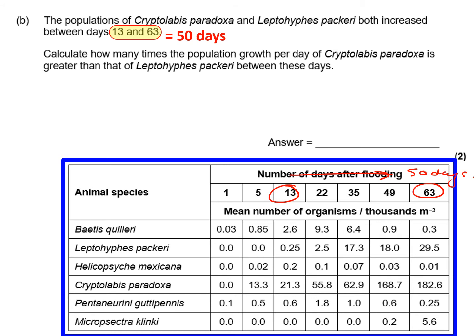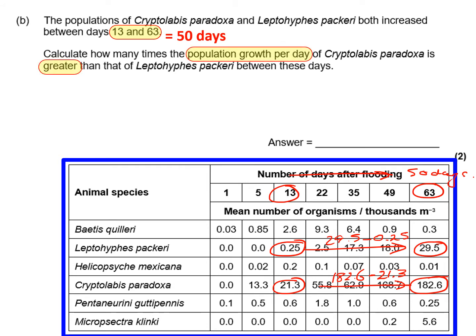We go to L. packeri, and its value is 0.25 at day 13 and 29.5 at day 63. So if you go 29.5 minus 0.25 gives you the value over 50 days. And we can do the same for C. paradoxa. So 21.3 goes up to 182.6. So 182.6 minus 21.3 gives you that value over 50 days.